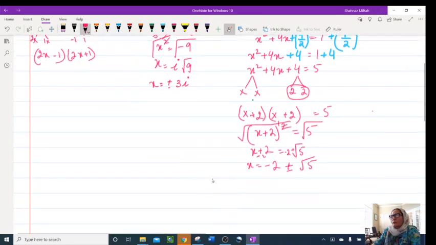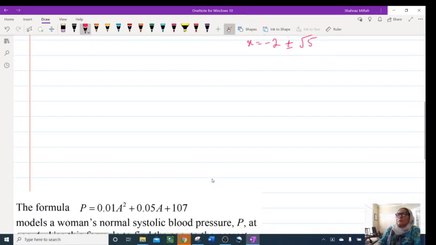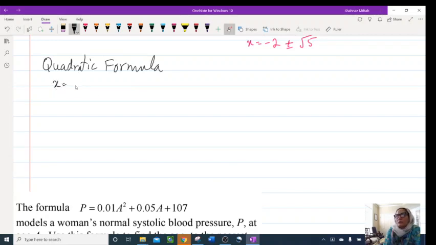Now we are going to use the quadratic formula to solve. What is the quadratic formula? Just watch. x equals negative b plus or minus the square root of b squared minus 4ac, all over 2a.